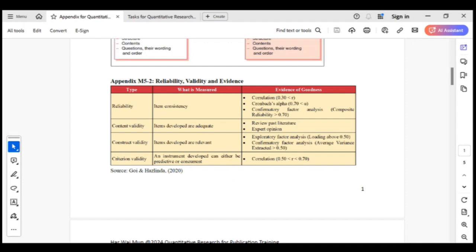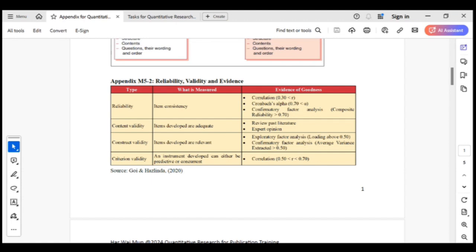So you have expert opinion, right? But if you adopt from an article not published in a proper journal, or adopt from somewhere like a blog, whatever, then in this case you wouldn't have expert opinion. Then construct validity: you have exploratory factor analysis loading above 0.5, confirmatory factor AVE more than 0.5.